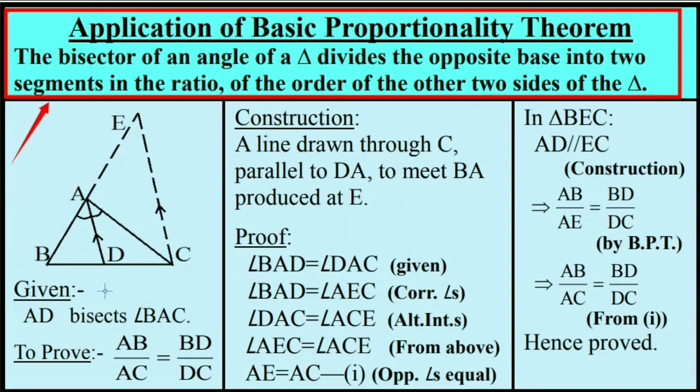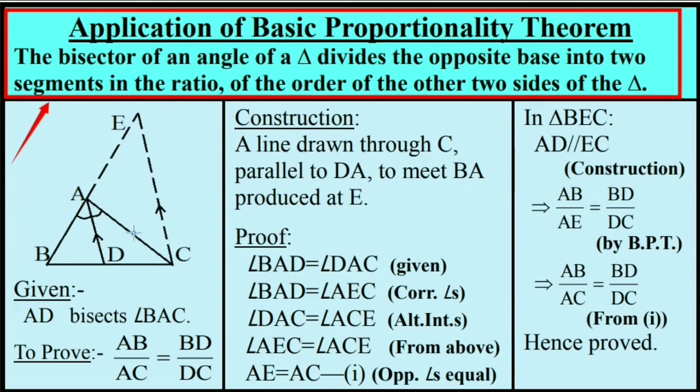So the meaning here is, in triangle ABC, AD is the bisector of angle BAC. Now the question is, this AD divides BC in two parts, BD and DC. So the ratio of BD and DC is equal to the ratio of AB and AC, and this is what is to be proved.